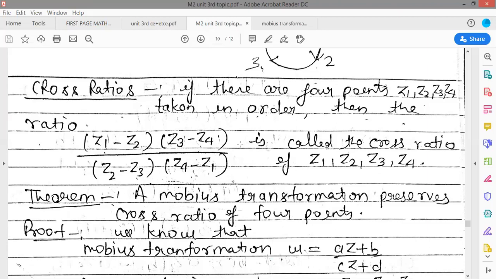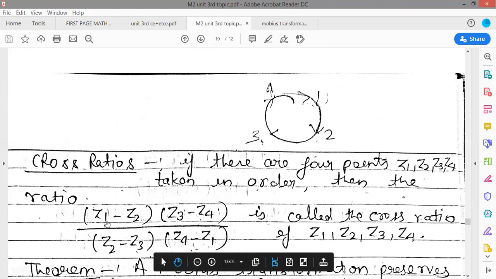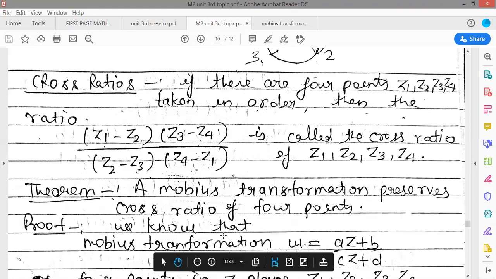This is one of the properties of bilinear transformation: a bilinear transformation maps a circle into a circle, and preserves the cross ratio of 4 points. The order is 1 2 3 4 and 2 3 4 1. Just remember this formula, because it is important.